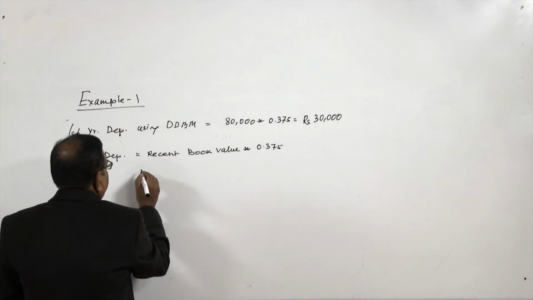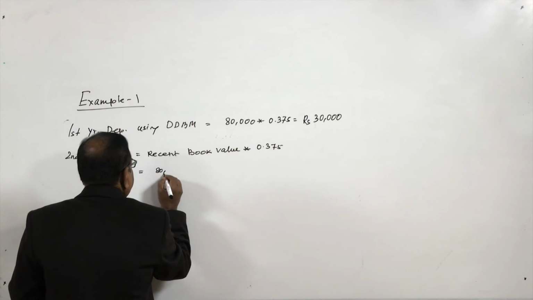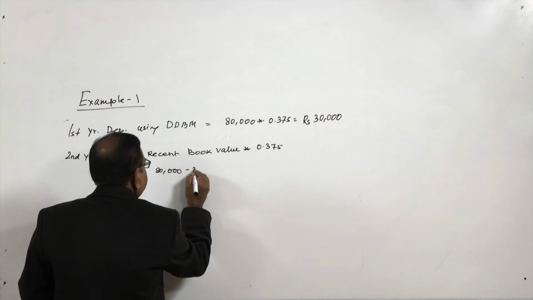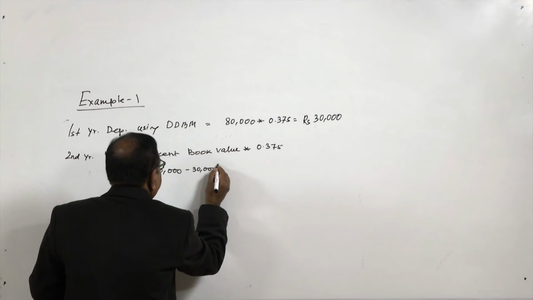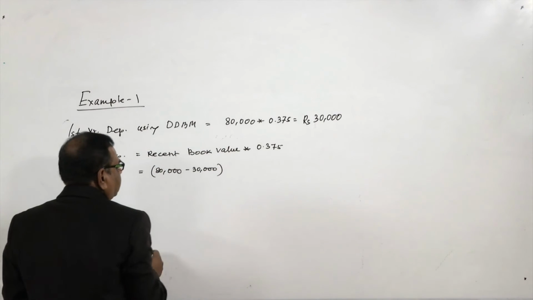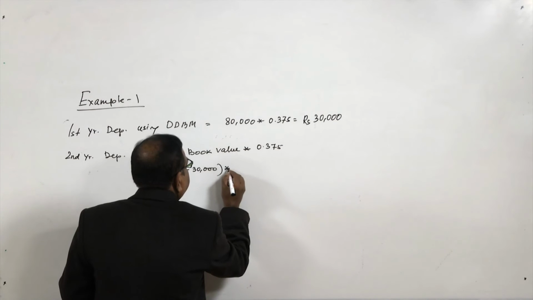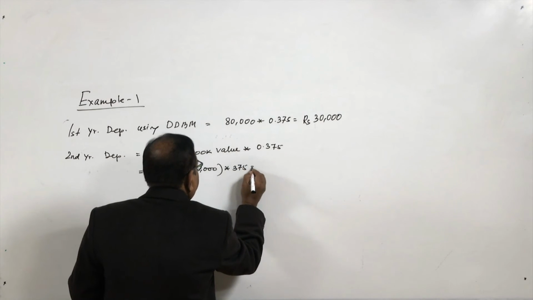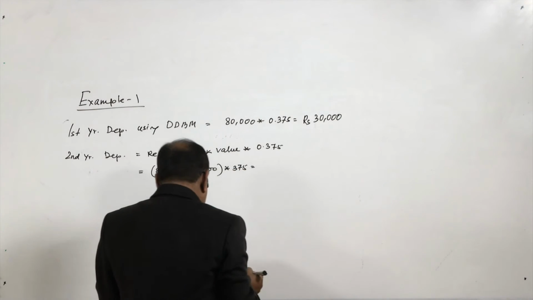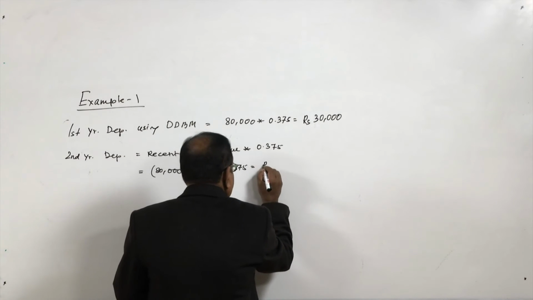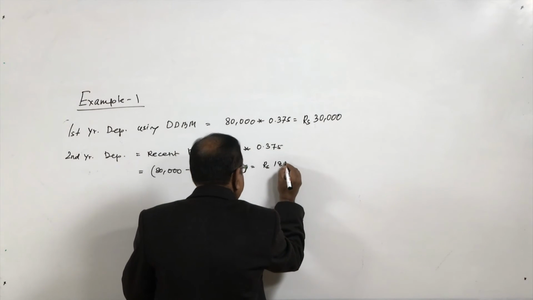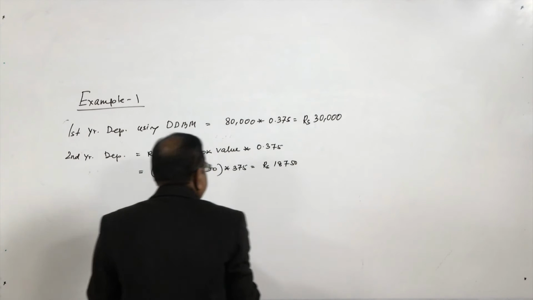Now, recent book value is 80,000 minus 30,000, because this is the depreciation of the first year, into 0.375, that comes out to be rupees 18,750. Let us check it.